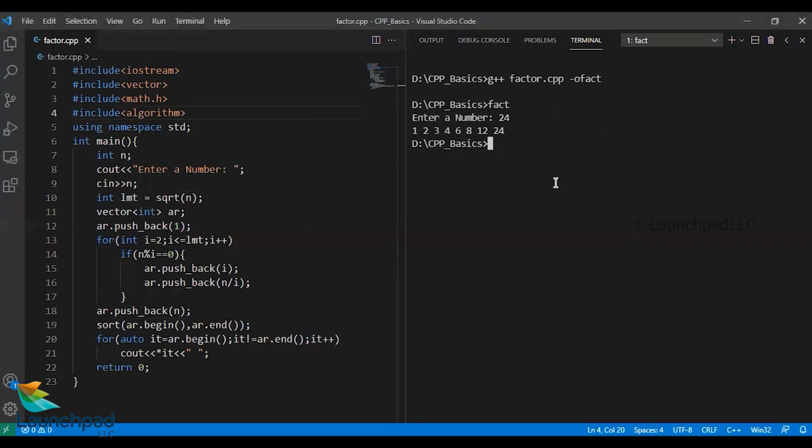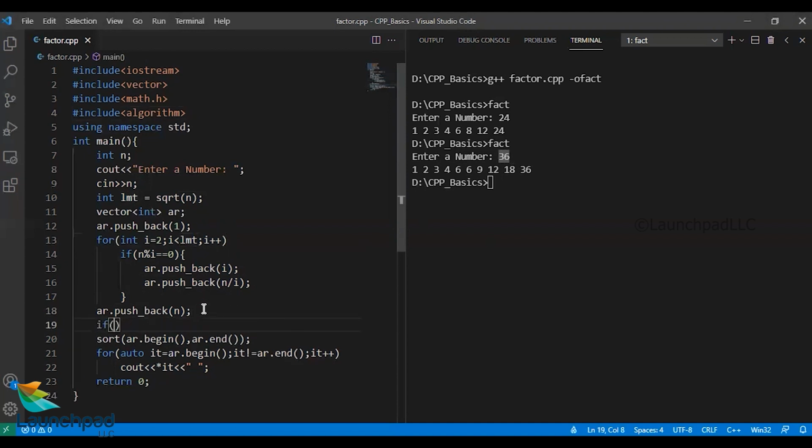Now let us try a perfect square number, 36. It is not printing 9 factors here, it is printing 10 factors, and you would know the reason why. 36 being a perfect square number, the number 6 will be appended twice. So there are multiple choices which I can perform. The first among the choices: let's not run till the limit, let us run only till less than the limit.